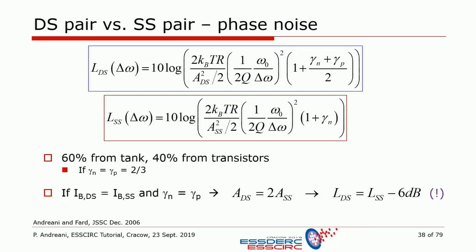So the difference in phase noise is exactly 6 dB. It's only the amplitude that makes a difference, and not the fact that there are 4 or 2 transistors.